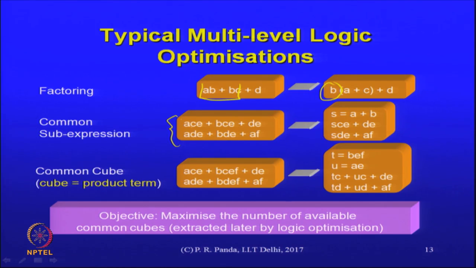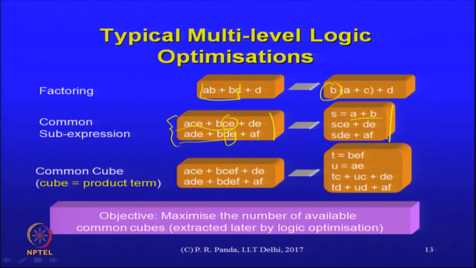Because here that logic can be represented as a plus b times something times c e, and this logic can be expressed as a plus b times d e, and therefore a plus b turns out to be a common sub expression. Doing this would increase or decrease the literal count? Actually, I increase the number of expressions. I had 2 expressions earlier, now I have 3 expressions.